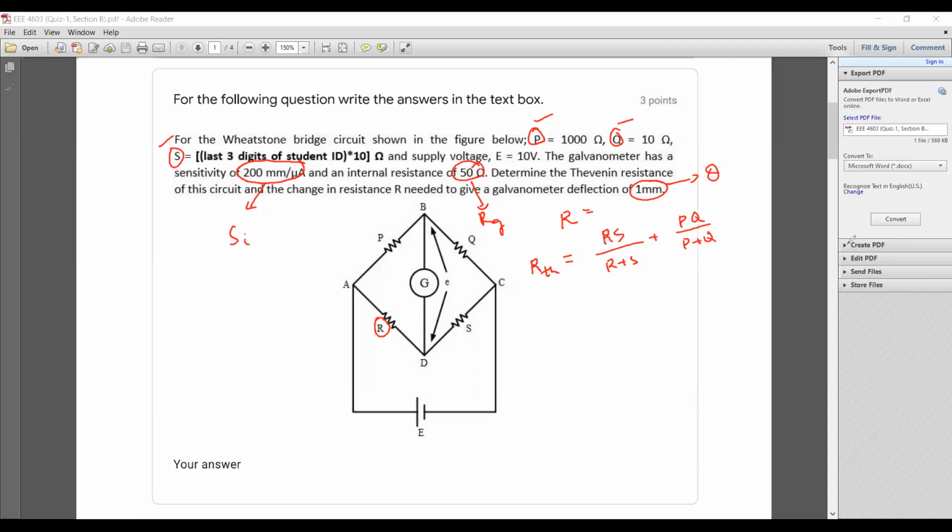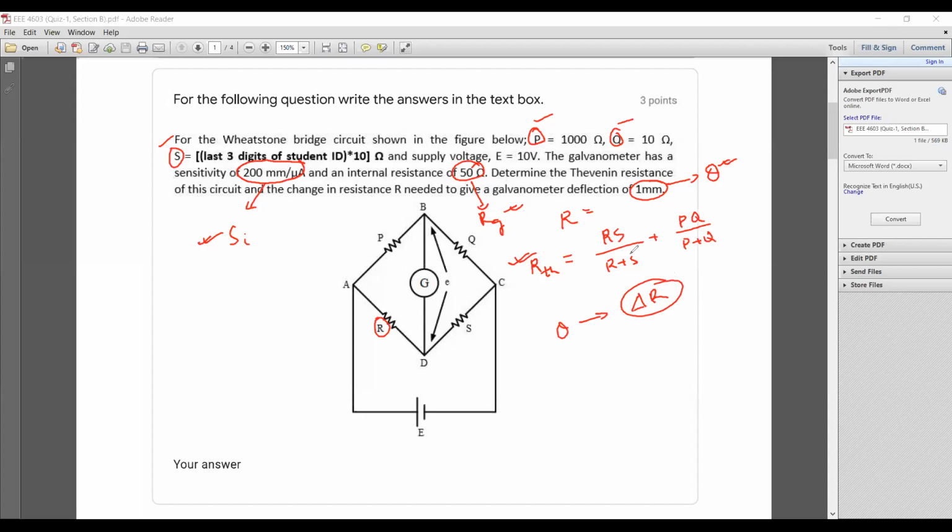From here you calculate R Thevenin, you know the current sensitivity, you know the galvanometer resistance, you also know the required theta. So from the expression of theta, you can determine the change in resistance.